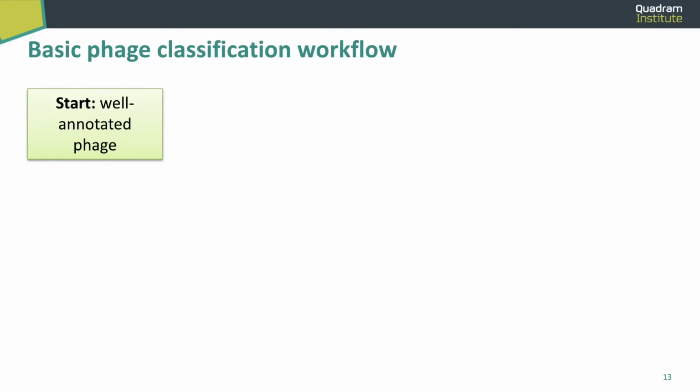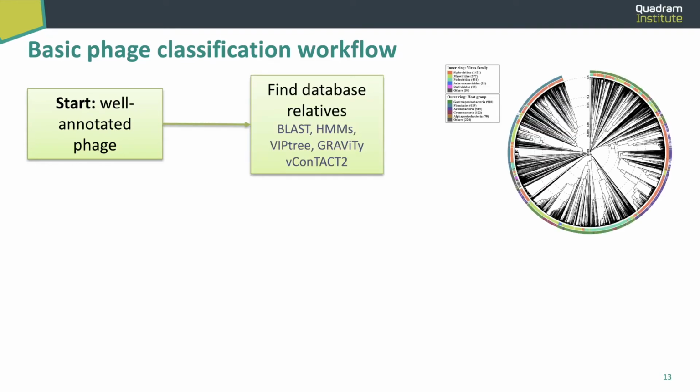So how does your basic phage classification workflow work if you have a new phage? You start with your well-annotated phage genome, which hopefully you know by now how to do. The first thing to do is find your database relatives. I always start with a BLASTN type search, because if your phage is very similar to anything in the database, that makes it really easy to find its location within the taxonomic tree.